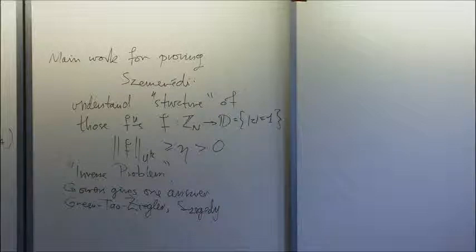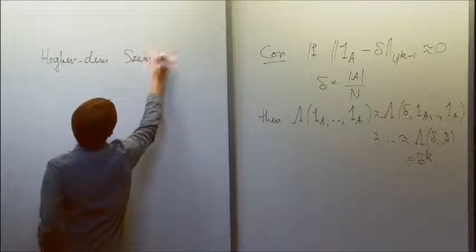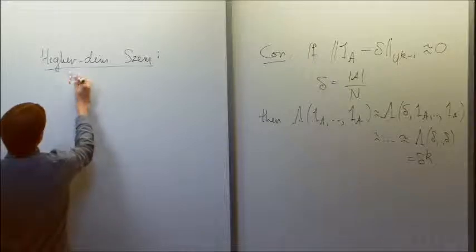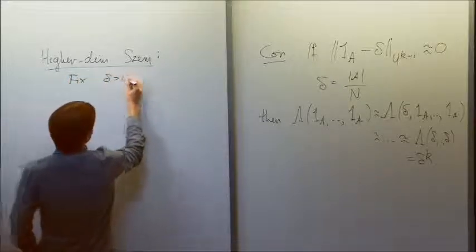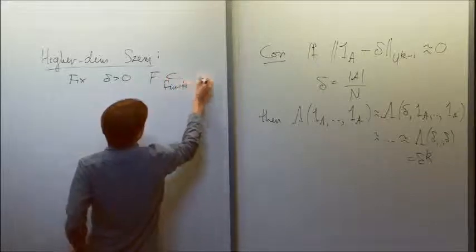So let me formulate this the way I want. Now you fix some positive delta, and you also fix a finite subset F of Z^d.